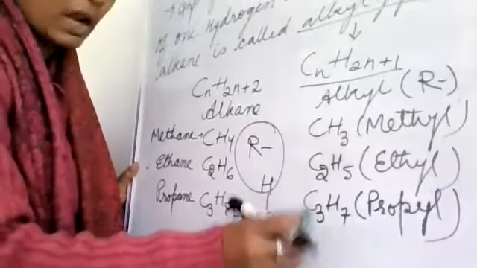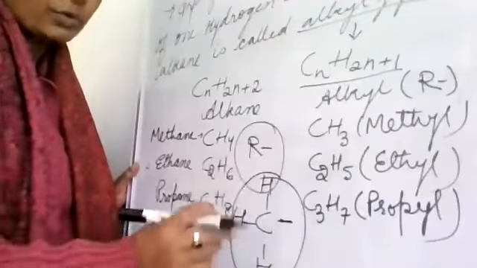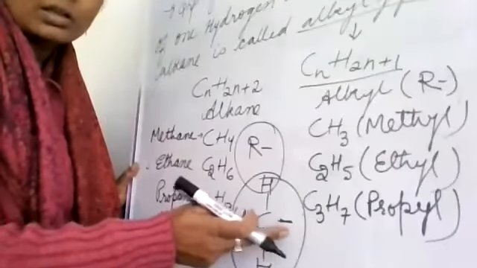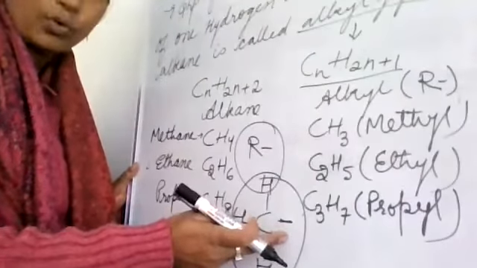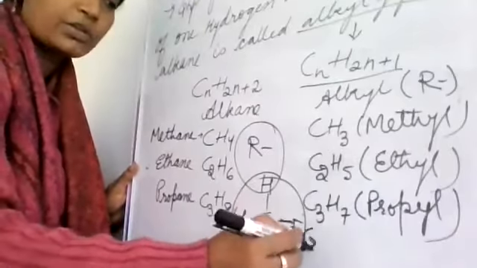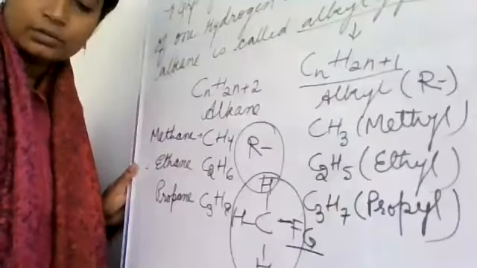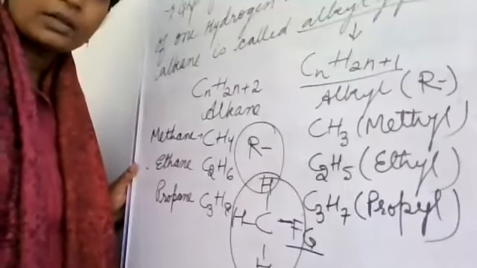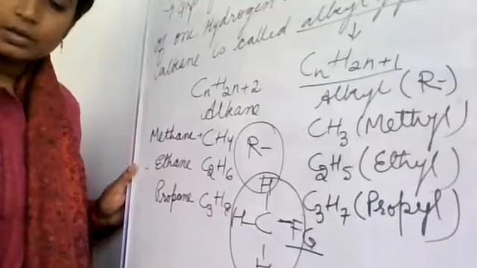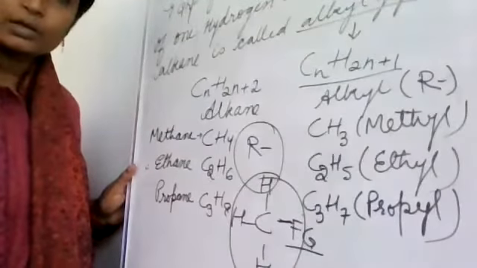I have to remove one hydrogen. One hydrogen atom will be removed. So it will become CH3 and dash. And this fourth valency will be satisfied by what? By adding a functional group to it.